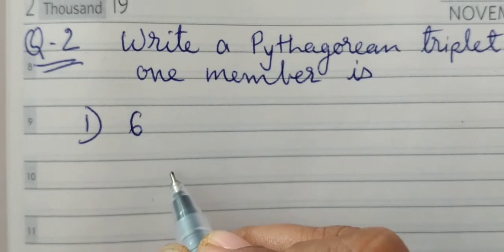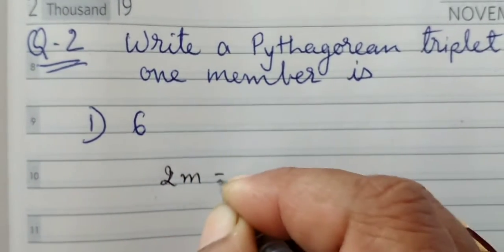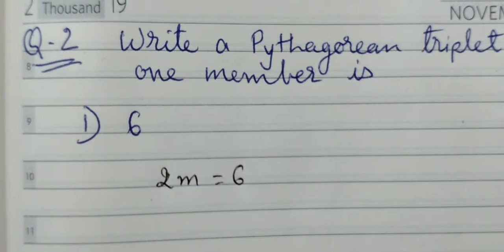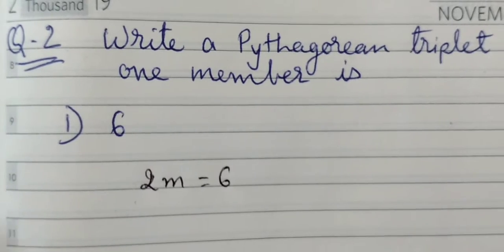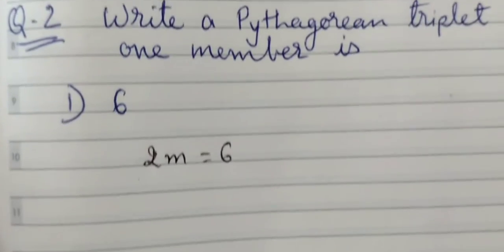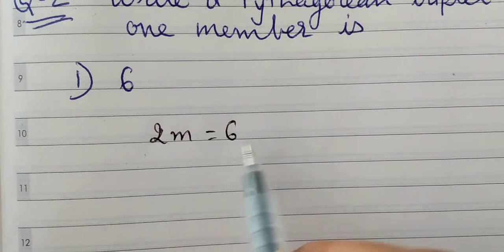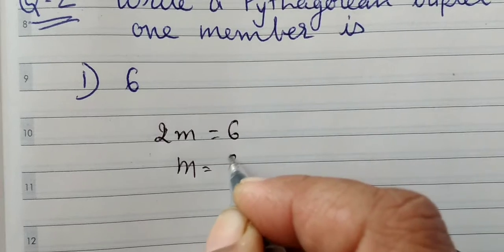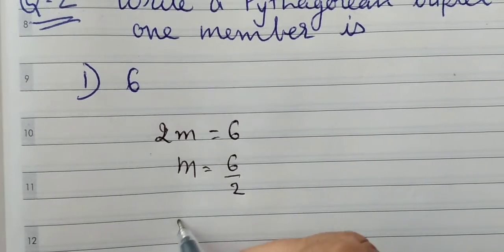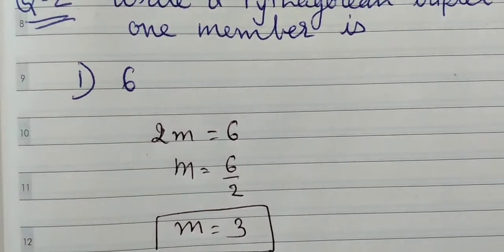So we will go for the form 2m is equal to 6. We will neither take m square minus 1 nor m square plus 1 to find out m, but we will go for the form 2m is equal to 6. Therefore, m is equal to 6 divided by 2 and m is equal to 3. So we got m now.